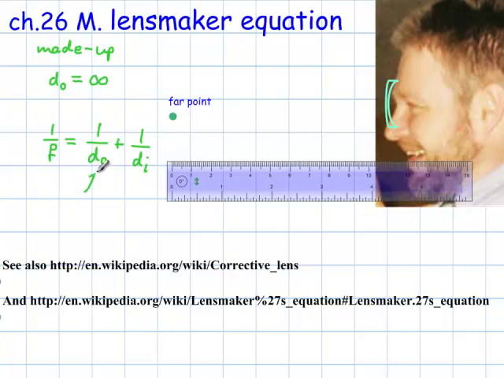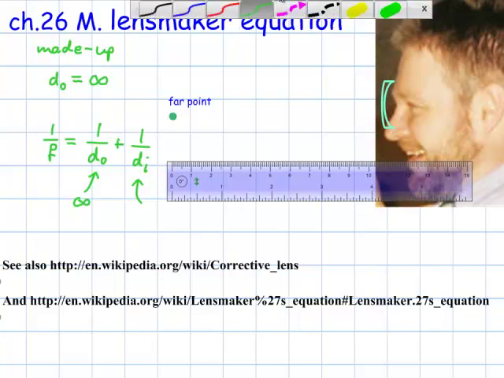And this one here would be infinity, and this one here would be, since that far away object needs to be moved to my far point, the image distance, which would be a virtual image, that here would be the 12 centimeters minus the 1 centimeter where the lens is.